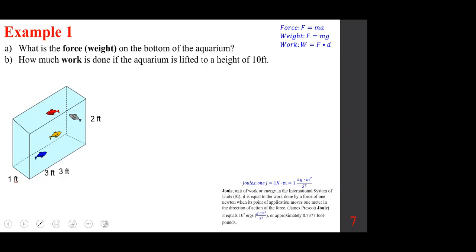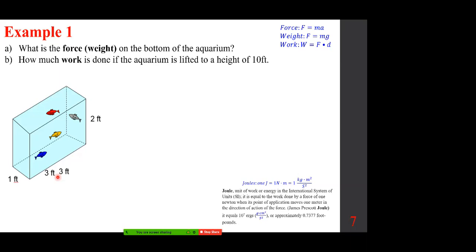All right. We are given this example. What is the force on the bottom of the aquarium? This fish tank, we want to see what it is. And the force, by the way, I remind you, force equals m times a or m times g. Even the weight is a force, and work is the product of the two. So according to this, we have units in the old British system.